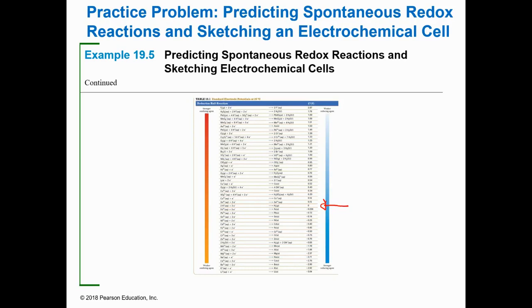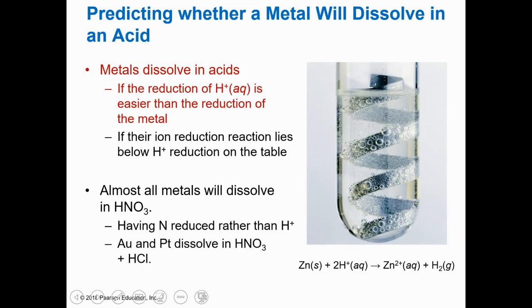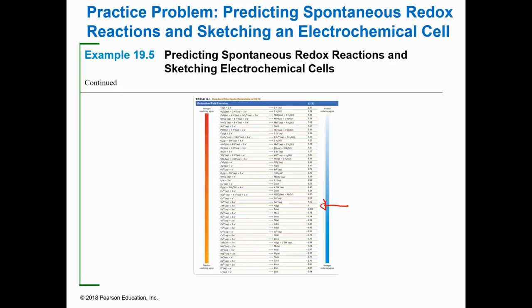So you just need to know, will it dissolve? Okay. And which means if the reduction of hydrogen is easier than the reduction of the metal, so hydrogen just needs to be higher than it. And again, if we go back to the chart and look, a lot of metals are below that. So you can tell that way. There may be one question like that on the homework, but there's not any on the test.